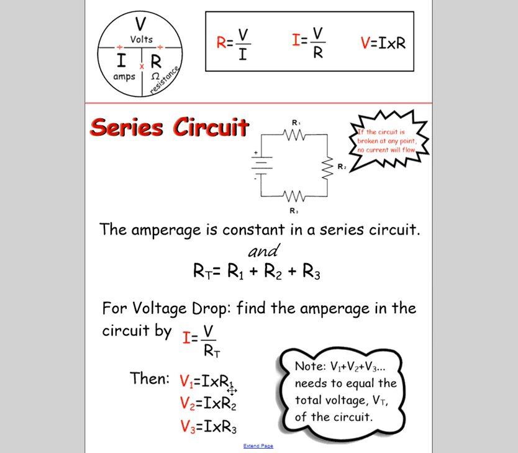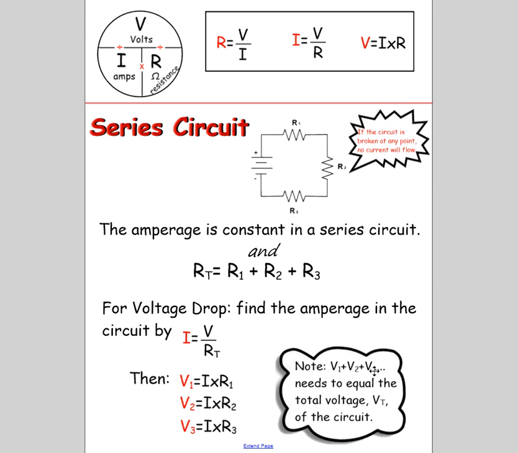So you plug in the resistor that you want and the amperage that we determined earlier to find voltage 1, voltage 2, voltage 3. If all the resistors are the same, then the voltages will be the same, but if they're different, then they'll be different. And the total voltage is just adding up the voltage across those 3 resistors. So that's how a series circuit works.